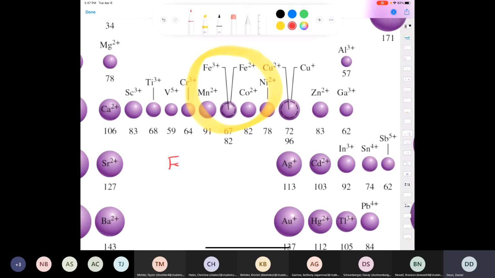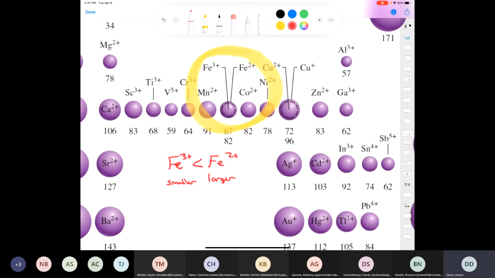So iron 2+ is larger, iron 3+ is smaller. Why? Because the number of protons in the nucleus for both of these is the exact same. They both have 26 protons, don't they? Because they're both element number 26.